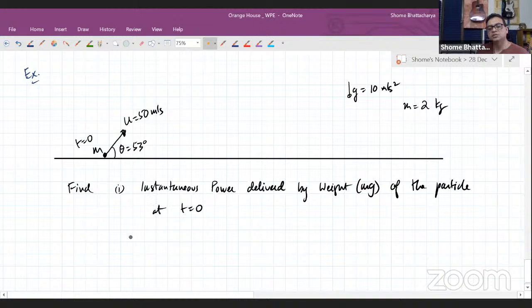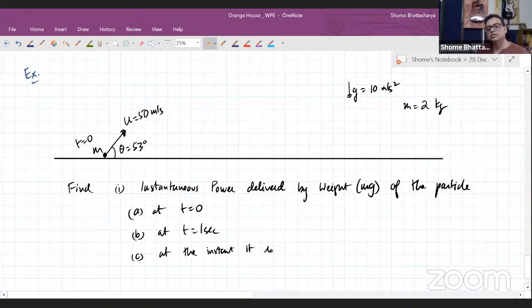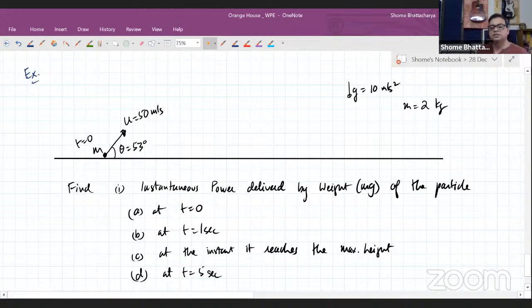Find it at t equal to 0, then again at t equal to 1 second, then at the instant it reaches the maximum height from the ground, then again at t equal to 5 seconds. So this is the first part.